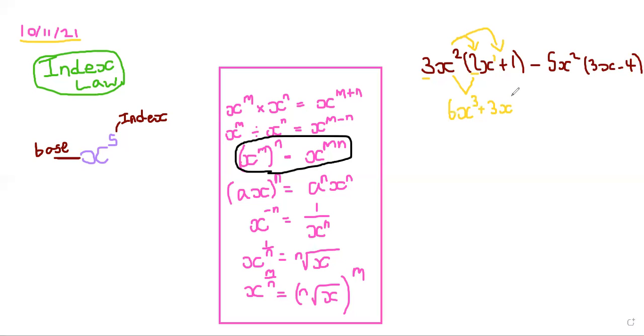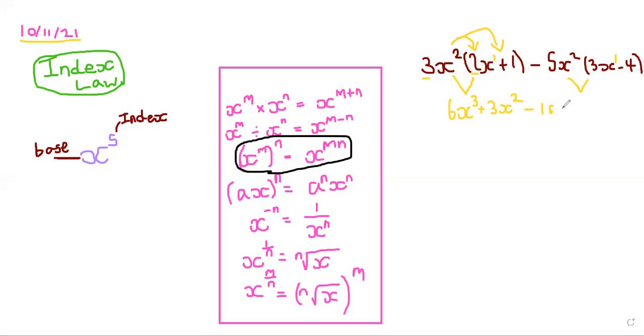Cool. So let's move on to the right bracket. So we've got 5x squared times 3x. Well, this is minus 5x squared, sorry. So we've got minus 5 times 3, which is 15. So minus 15. We've got x squared times x. Remember, x is just x to the 1. So you just add the powers because it's timesing. That's our first rule.